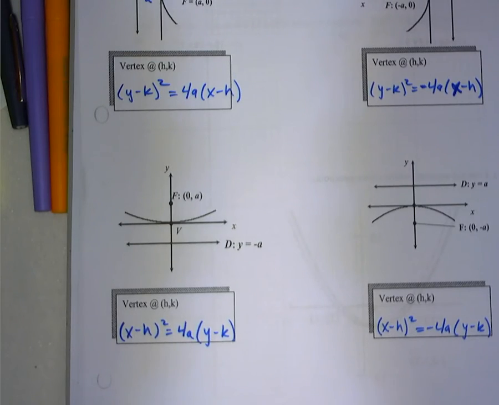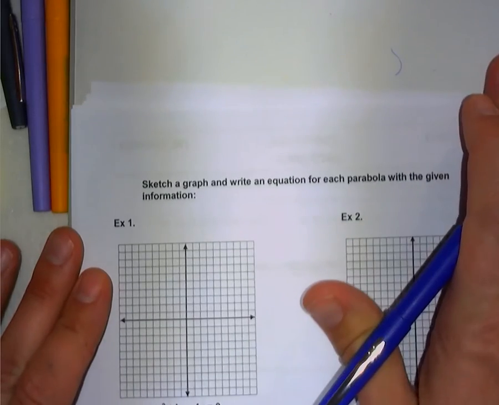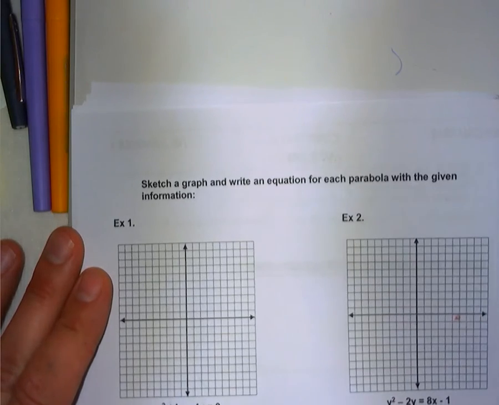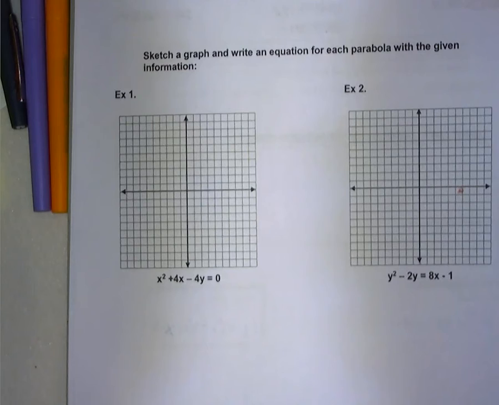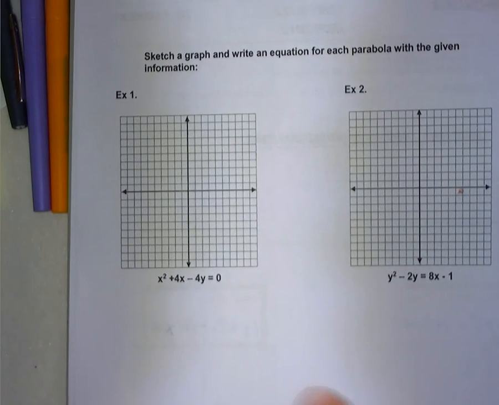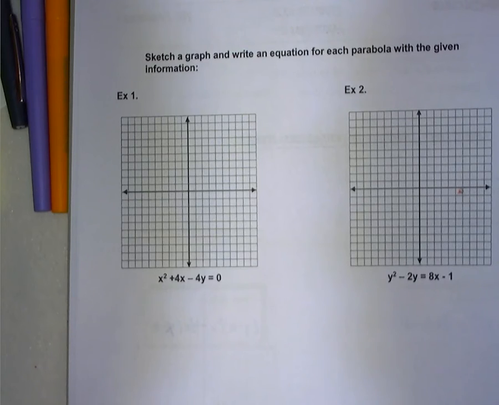We have 3 quick examples we're going to go through. So here we go. That's just to sketch a graph and write the equation for each parabola with the given information. And as I scroll up here, example 1 has what we call general form, where everything is on this side.